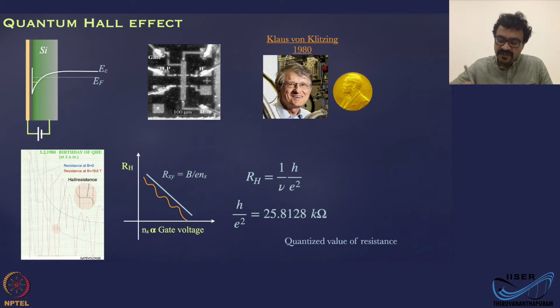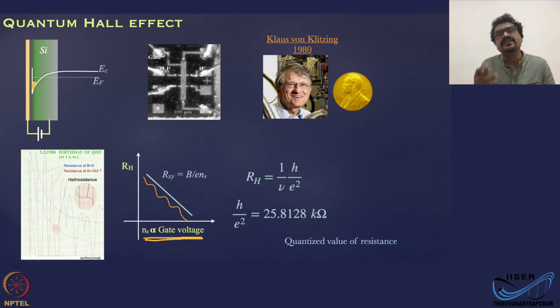You have a B field which is applied perpendicular to this material. Then what you do is you vary the gate voltage, which will change the charge density or carrier concentration in this well. Okay, so you have carriers in this well, and you are going to change that carrier concentration, which I have labeled Ns, which is linearly related to the gate voltage.